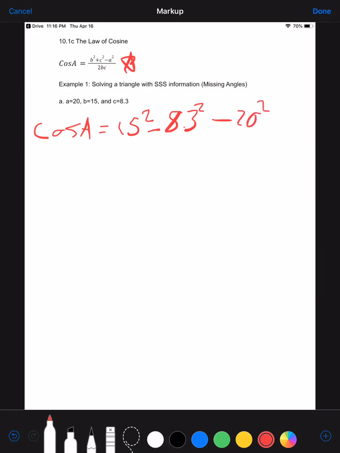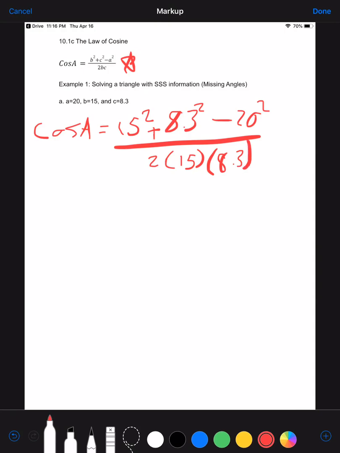So 15 squared plus, that's supposed to be a plus there, 8.3 squared minus 20 squared, all over 2, because that's just part of the formula, and then B, so 20 in this case, and then times C, or not 20, sorry, that's A. So times B, which is 15, times C, which is 8.3.